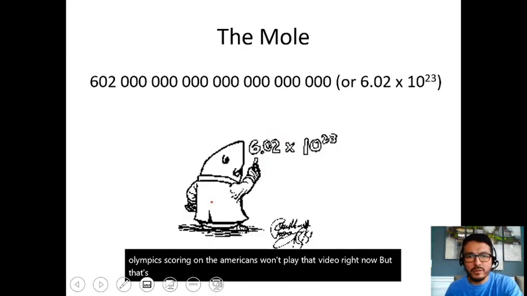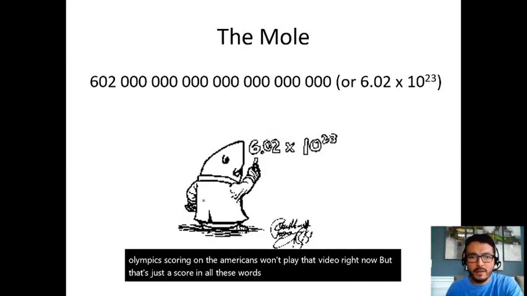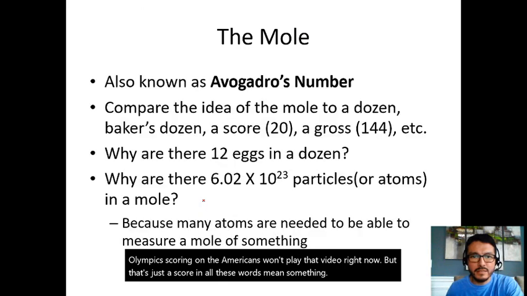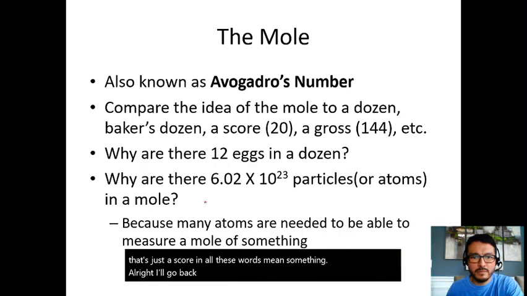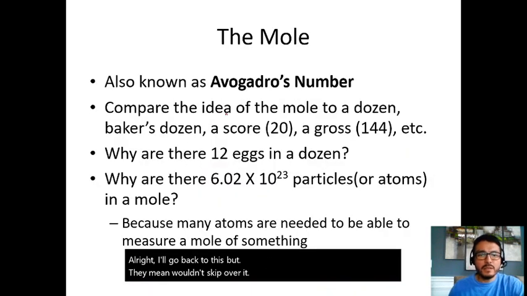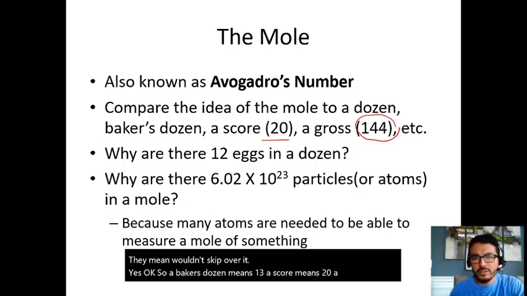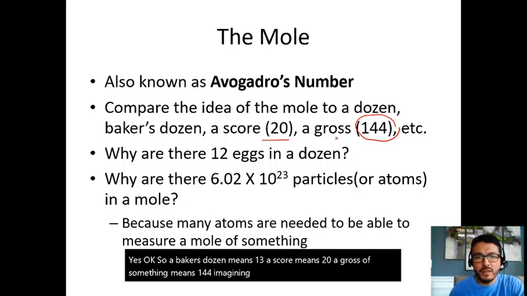Now all these words mean something, right? So a baker's dozen means 13, a score means 20, a gross of something means 144. Imagine buying 144 eggs. Maybe not the best thing to do.